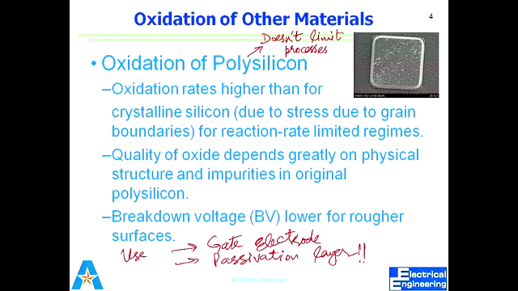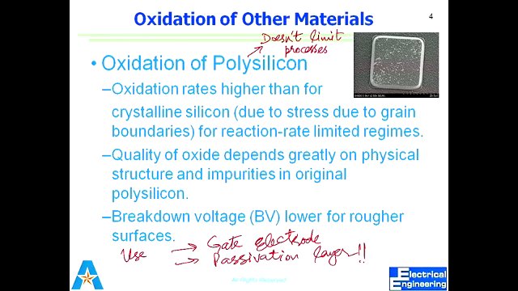Even in this oxidation of other materials, we are still talking about thermally grown oxidation, and for that we need silicon. If we don't have silicon, you cannot grow silicon dioxide. You can deposit silicon dioxide, but you cannot grow it, because to grow it you need silicon that can react with oxygen to form silicon dioxide.